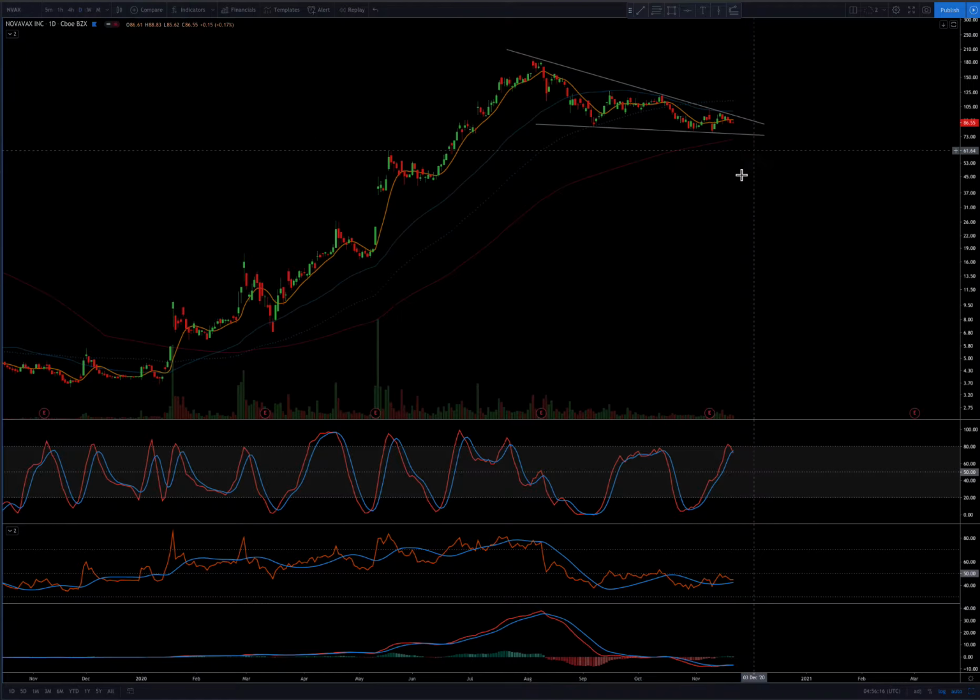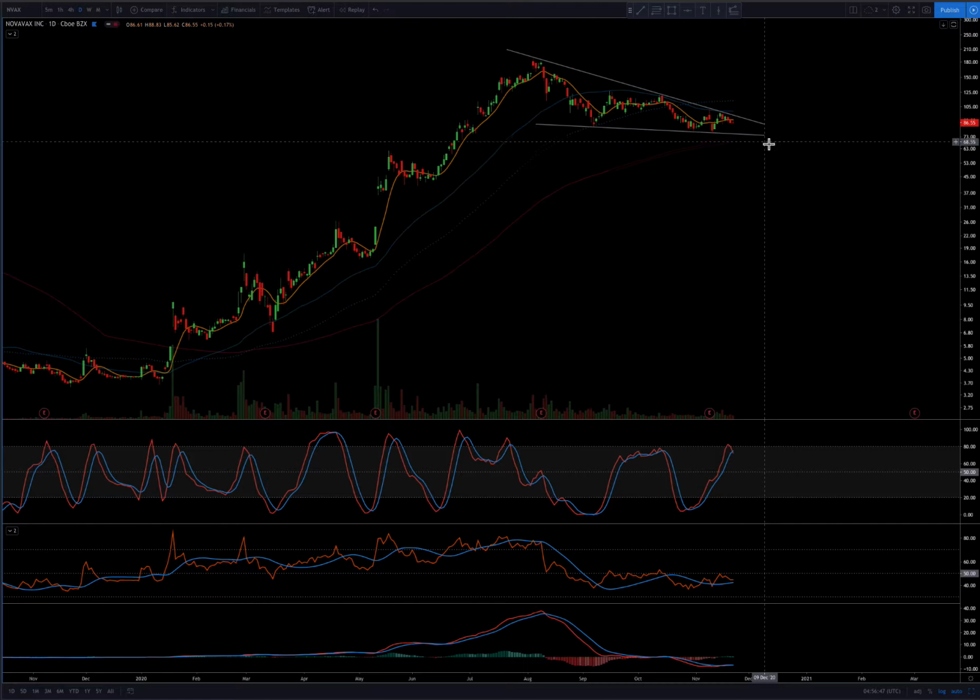Let's draw in a bottom trend line, which will be our support, and it looks like it's forming a descending wedge, which is potentially a bullish chart pattern. Looking at the moving averages, the solid blue line is the 50. Price is under the 50, which is typically a bit bearish, but it's above the 200.